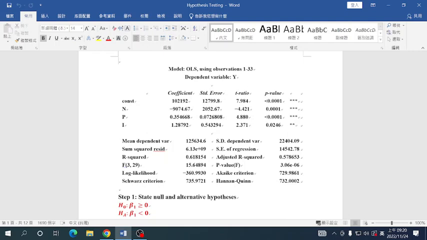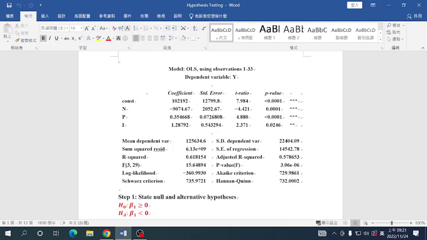Remember, when we do the t-test for individual independent variables, the degrees of freedom from the table is 29 too, right? So the F statistic has 2 degrees of freedom: the first is the same as the number of independent variables, and the latter is the same as the t statistic for individual variables.